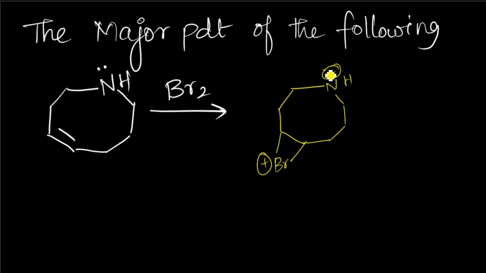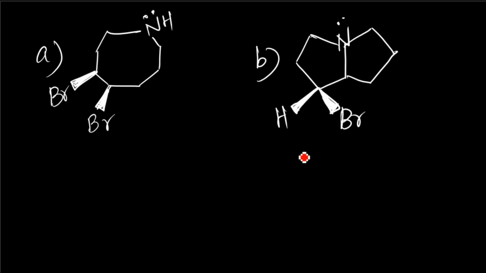Obviously, the lone pair of nitrogen will attack one position to split this ring. Here I am having 8 including nitrogen, right? So you can check 1, 2, 3, 4, 5, 6, 7, 8. So let's check out the options. We already know that it will undergo the split, so this can't be our answer.